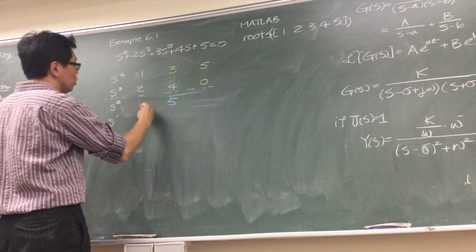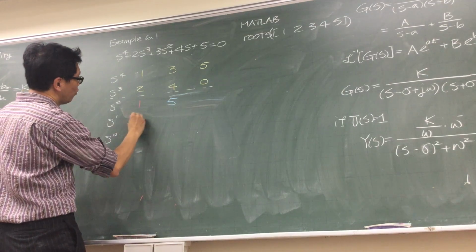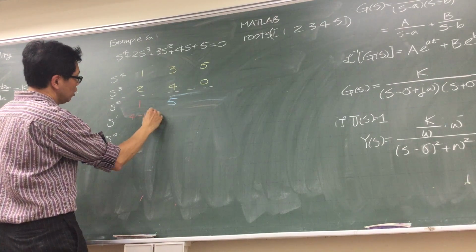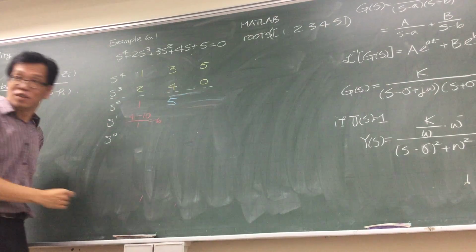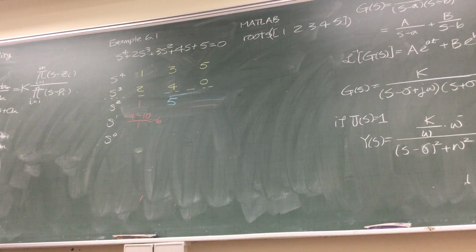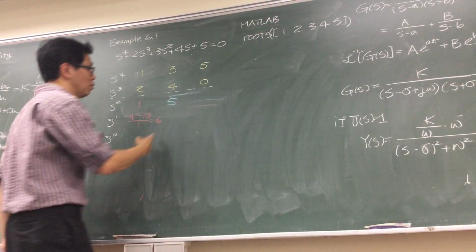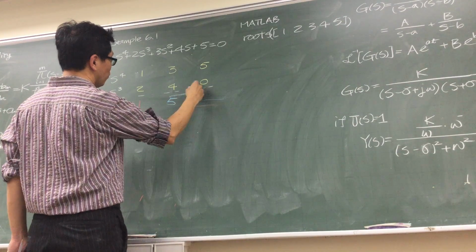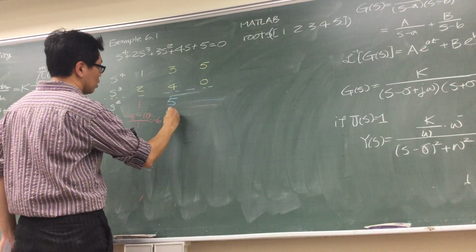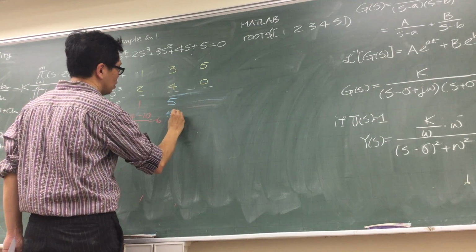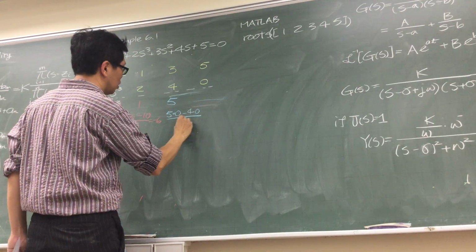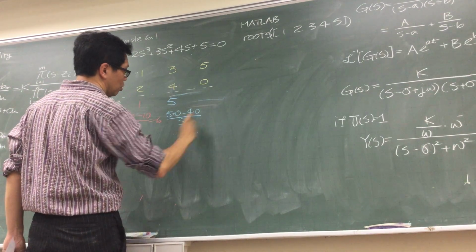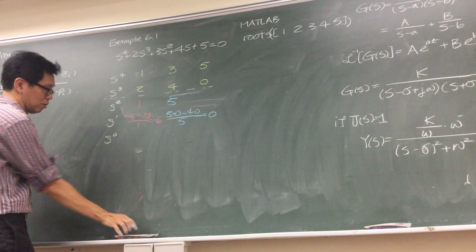So this one over here is going to be 4 minus 10 divided by 1. By now, you should be able to tell whether the system is stable or unstable, right? Because it changes sign, so it's unstable. The second one over here is going to be 5. So this one over here is going to be 0.